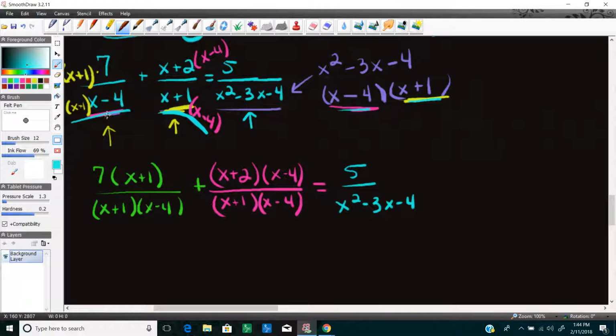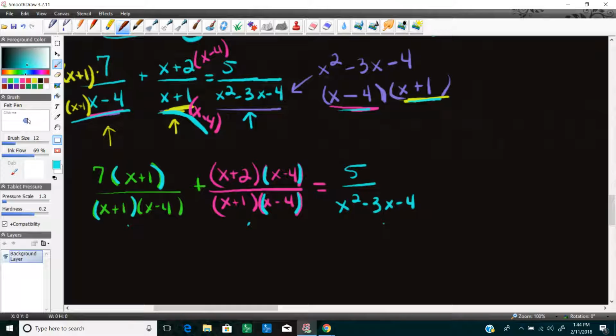So the first one is missing the x plus 1, so I went ahead and multiplied that right here. The second one is missing x minus 4, so I went ahead and multiplied that right here. And now all of these are equal to each other.